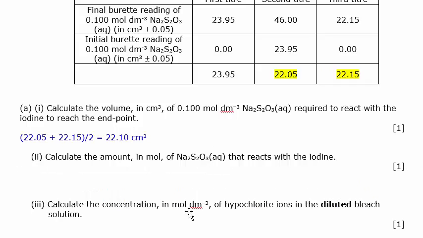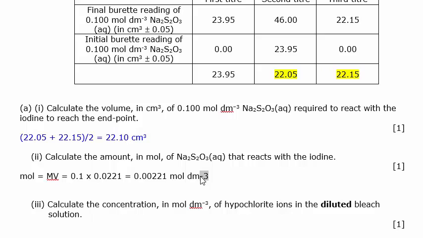Now the next part, question 2: calculate the amount in moles of sodium thiosulfate that reacts with the iodine. Well, this is the volume of sodium thiosulfate, and moles equals molarity times volume, MV. Well, the molarity is 0.1. The volume in litres is 0.0221, and that equals 0.00221 moles per litre.